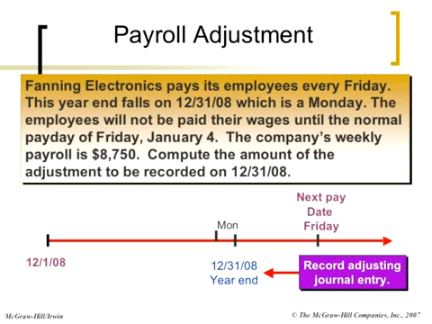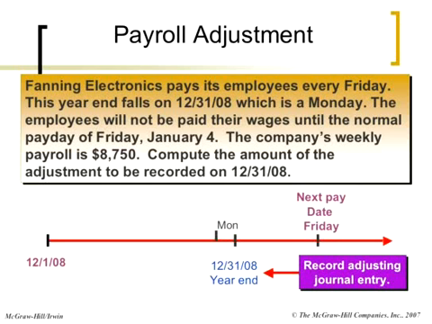This amount is calculated by dividing the total weekly payroll for 5 days of $8,750 by 5. The daily amount equates to $1,750. Since 1 day fell within this fiscal year, we multiply the daily rate times 1. This amount must be accrued by Fanning to properly recognize the payroll expense in the period that it was incurred.